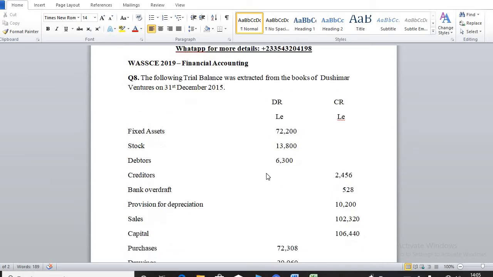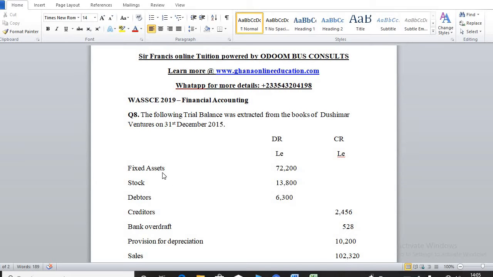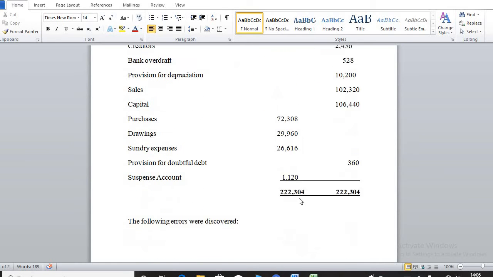So we all know that purchases has a debit balance, and in reducing this amount, obviously we have to credit the purchases account, and then we add it to the asset account. And we know all assets have debit balance. To add it to the account, we have to debit the asset account.